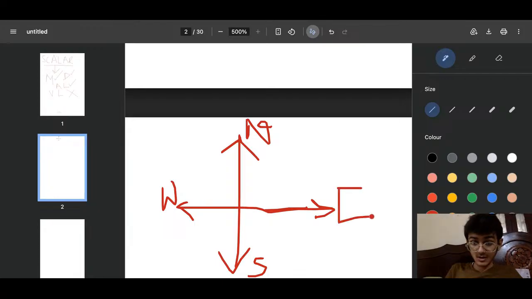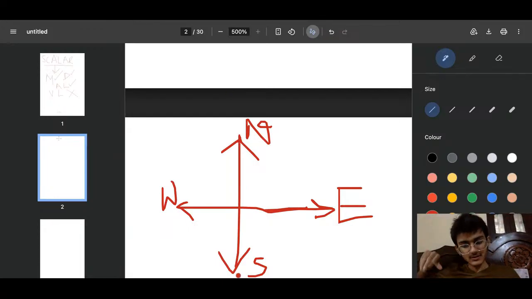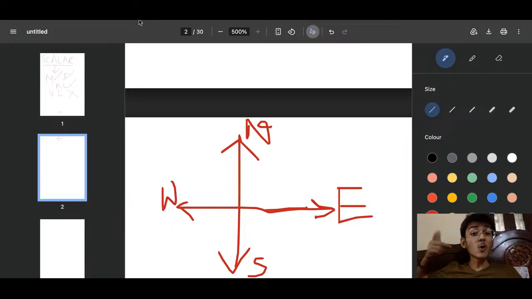But when this direction is called north, actually I will say it is an upward direction. It is vertically upward, the south is vertically downward, and the east is horizontal, or you can say simply it's in the right direction, and this is in the left direction. But with respect to what? With respect to what? This point.